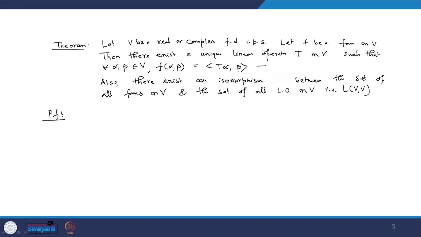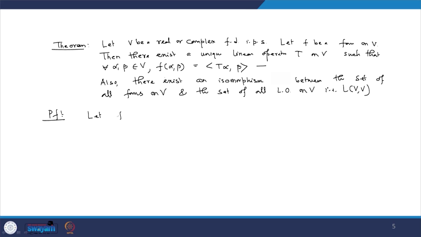So, f to Tf is basically a one-to-one linear transformation between the space of all forms on the vector space and the set of linear operators on V, that is L(V,V). So, let us quickly see the proof of these results.